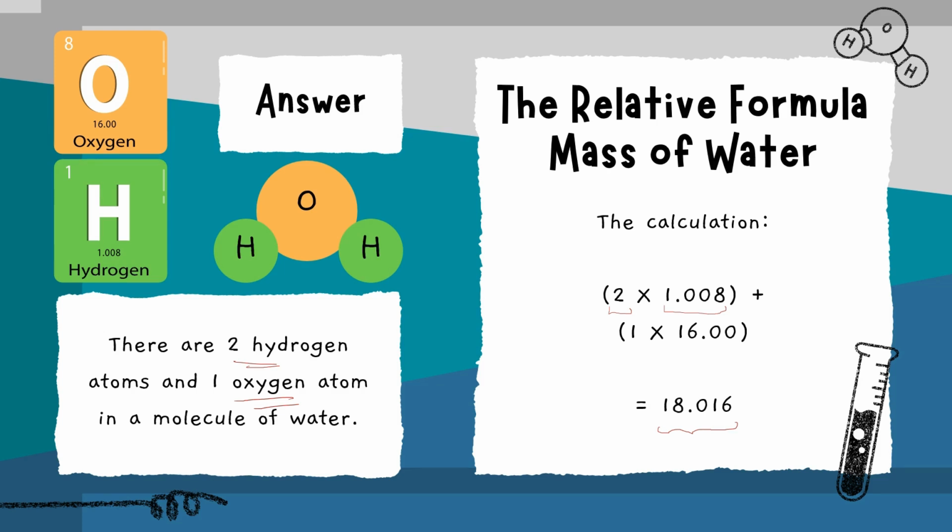The atomic mass of hydrogen is 1.008 and there are 2 atoms of it. Addition, one atom of oxygen times the mass of an oxygen atom, that is 16. So the total comes out to be 18.016.